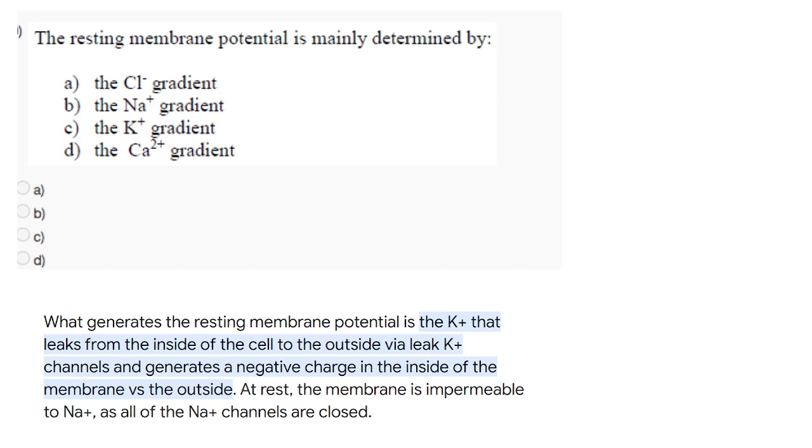What generates the resting membrane potential is the K plus that leaks from the inside of the cell to the outside through leak K plus channels and generates a negative charge on the inside of the membrane versus the outside. The membrane is impermeable to Na plus as the Na channels are closed. So option C is correct here.